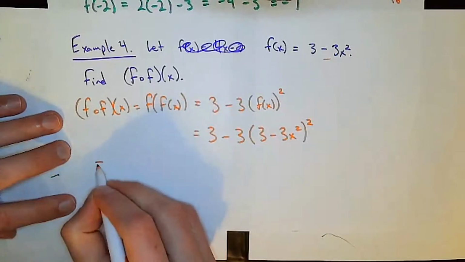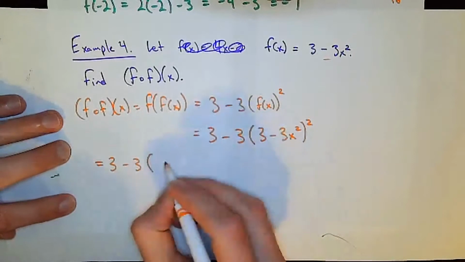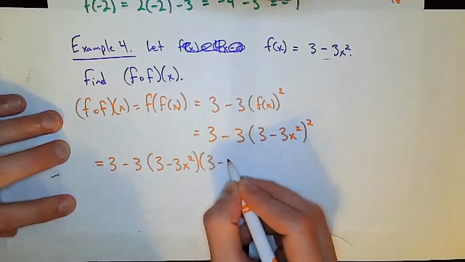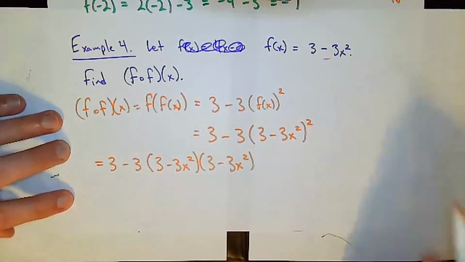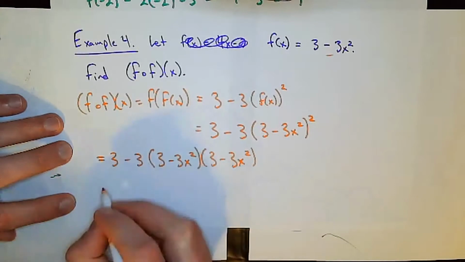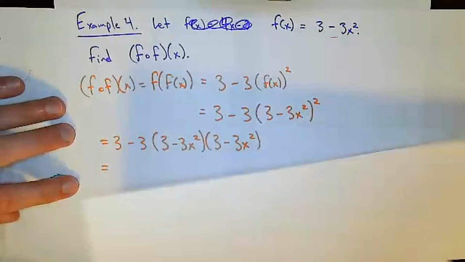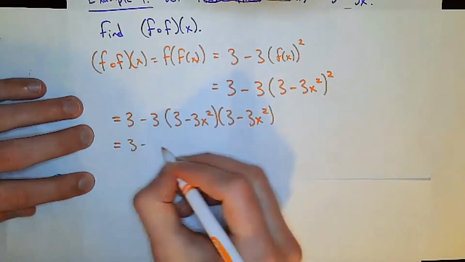So I'm going to back up my equal sign, say 3 minus 3, and here I'm going to have 3 minus 3x squared times 3 minus 3x squared. That's what this square does up here, right? Definitely an exercise in your ability to stay organized here, right? Okay. 3 minus 3.